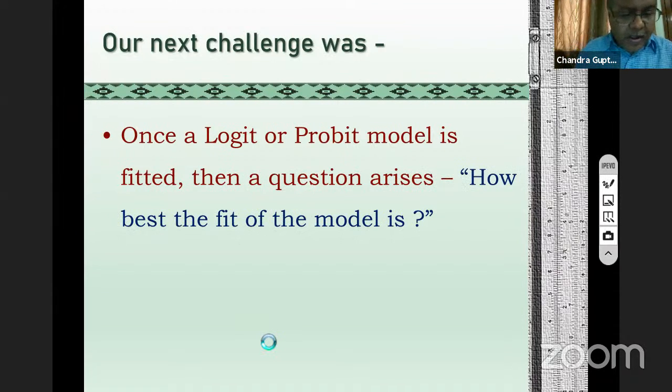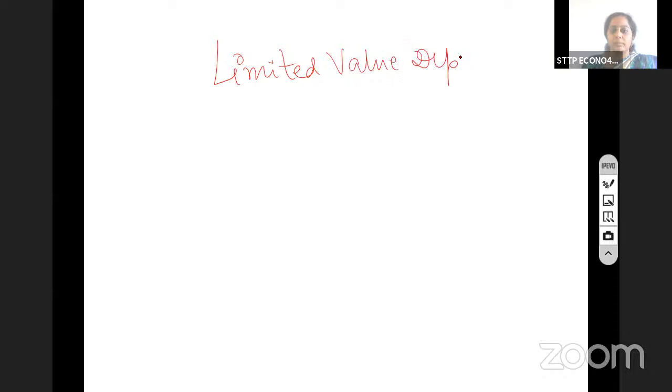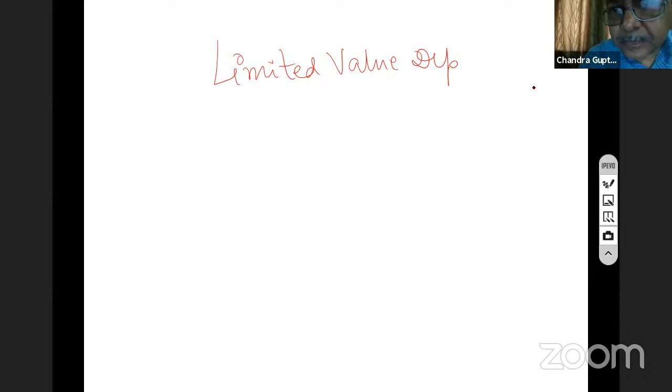Before I proceed further, let me summarize what we were discussing in the previous session. We started the discussion with limited dependent variable models, where my dependent variable has binary values.